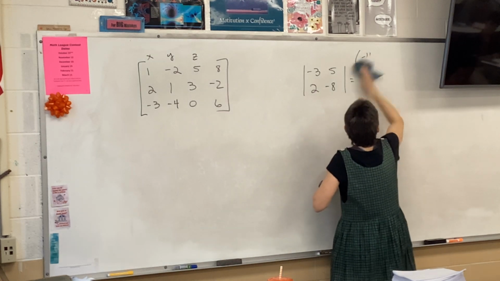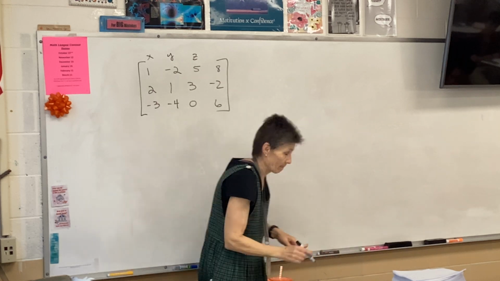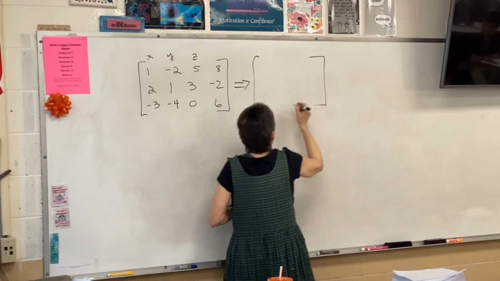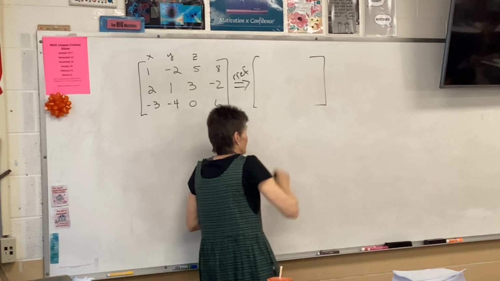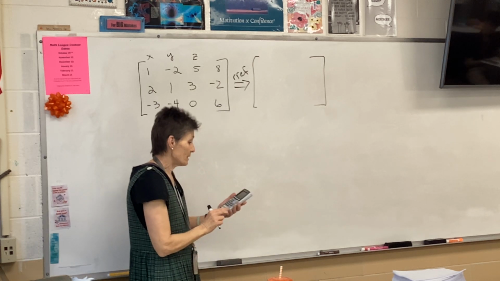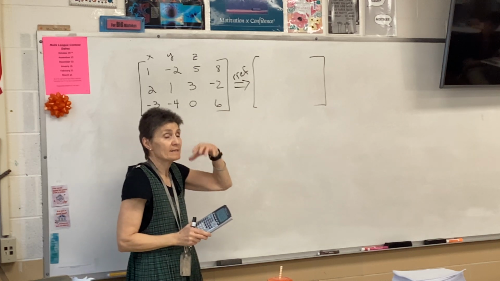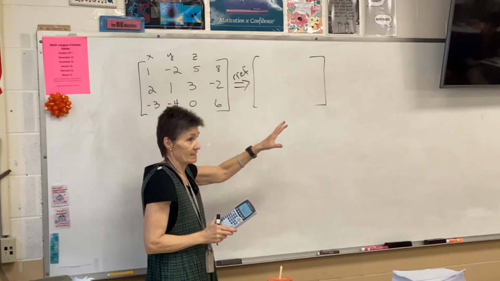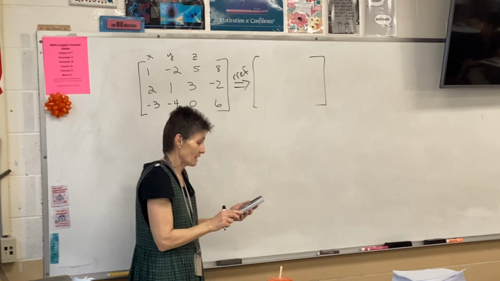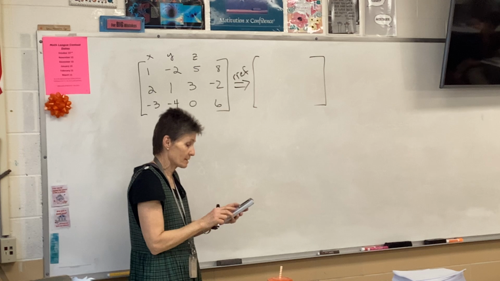All right, now I get my calculator out. Type the matrix in. I'm going to RREF that, and I'm going to write down what comes out. So what I need to see on your paper is this. This is what I need to see with the new numbers once I get those in. So second matrix, edit.